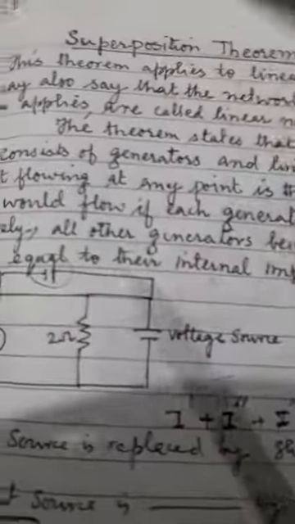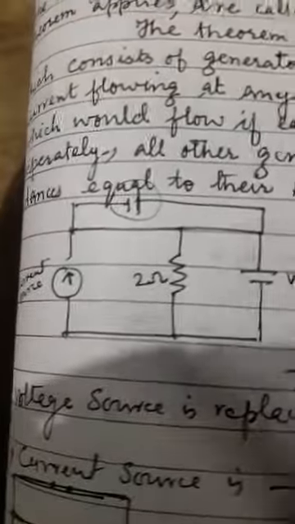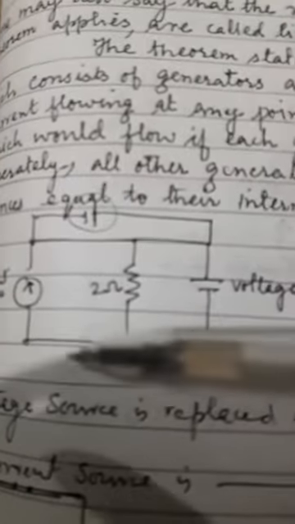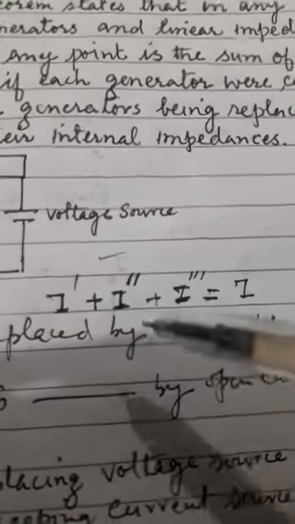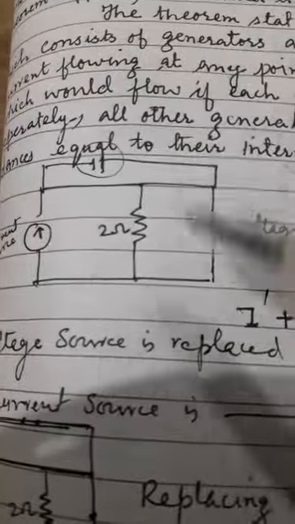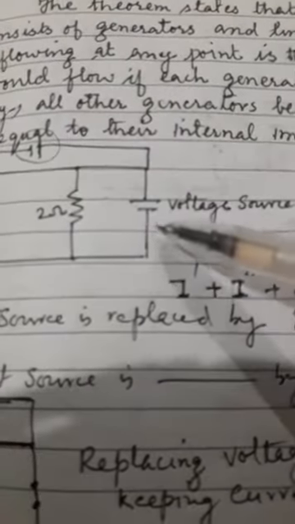This is in brief the superposition theorem, telling us that you have to take the sources in parts, and then make the total calculation, the addition of those currents flowing separately.